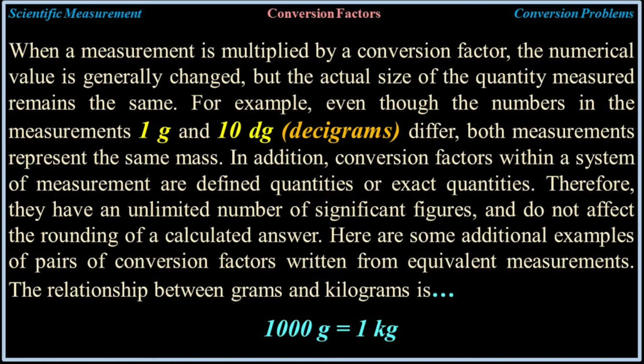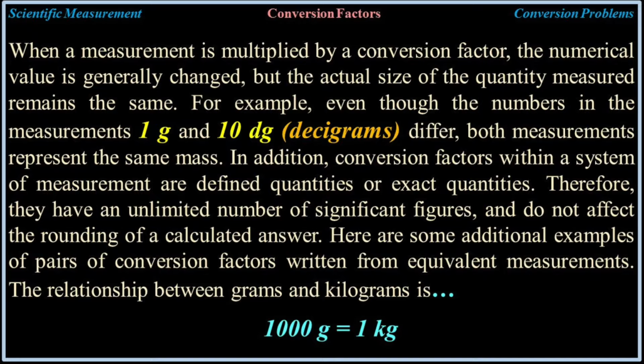For example, even though the numbers in the measurements 1 gram and 10 decigrams differ, both measurements represent the same mass. In addition, conversion factors within a system of measurement are defined quantities or exact quantities. Therefore, they have an unlimited number of significant figures and do not affect the rounding of the calculated answer.